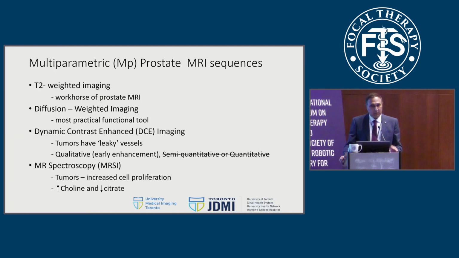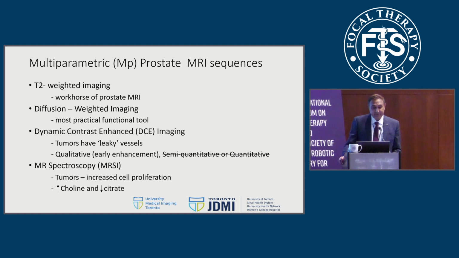So when we talk about multi-parametric MR, it includes T2 weighted imaging, which is the morphological assessment of the prostate. It is really the workhorse of prostate MRI. And then you have two functional sequences, diffusion weighted imaging and dynamic contrast enhanced, DCE imaging. DWI, as we know, is the most practical and the most powerful functional tool.